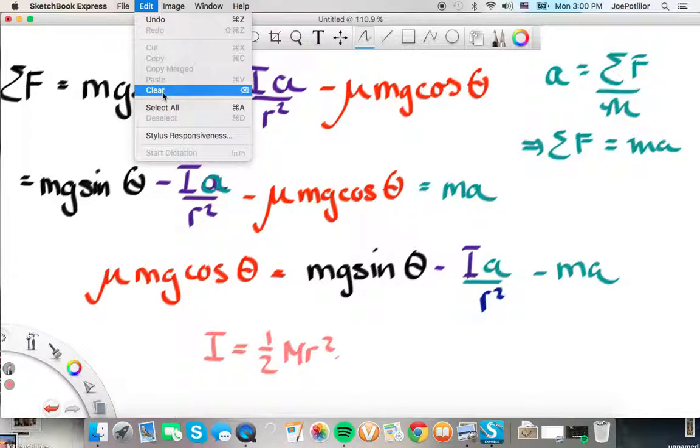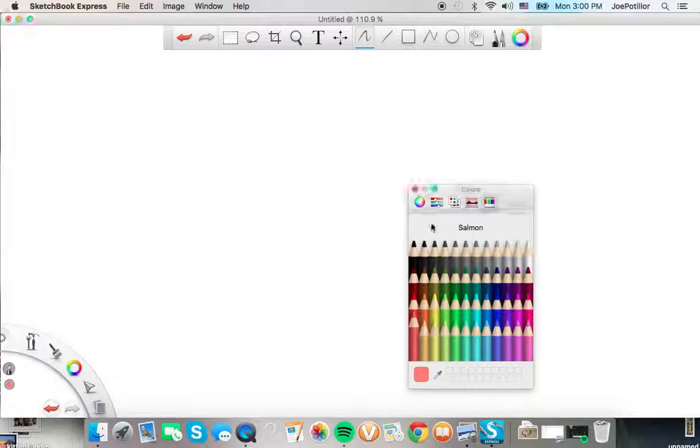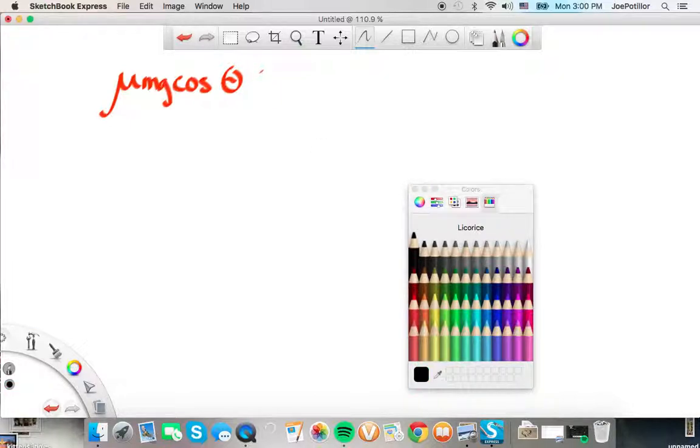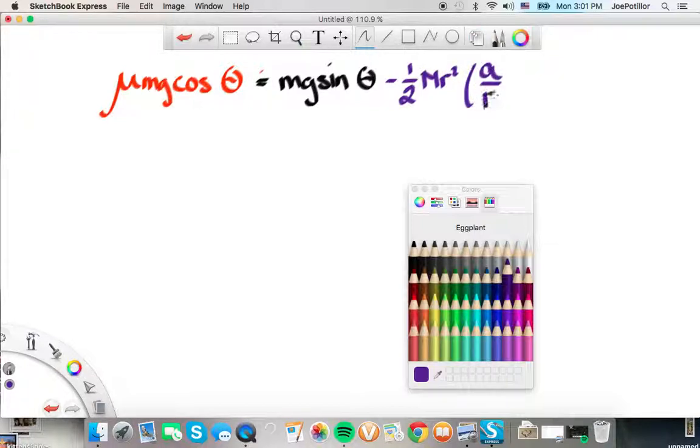So after the algebra, we have mu mg cosine theta is equal to mg sine of theta minus 1/2 big M r squared times a over r squared.